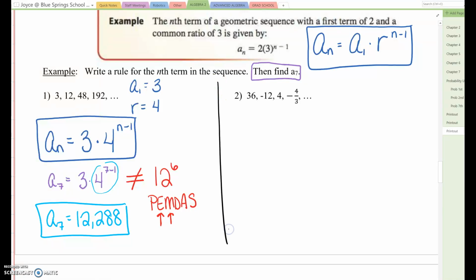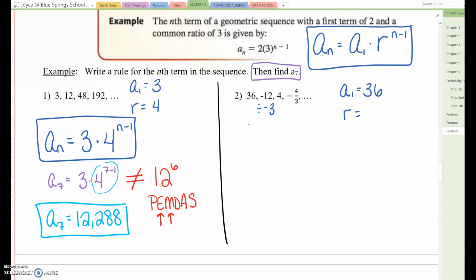Okay, number 2, our first term is 36. We need to figure out what our common ratio is. So let's figure out what the pattern is. We're dividing by something. 36 divided by, ignore the negative for right now, 36 divided by what is 12? 3. Now if there's a negative in there, that means we're dividing by -3.